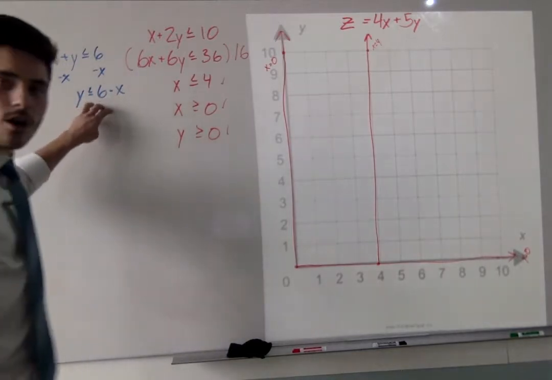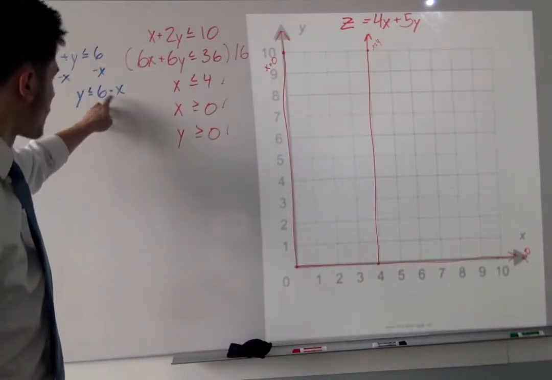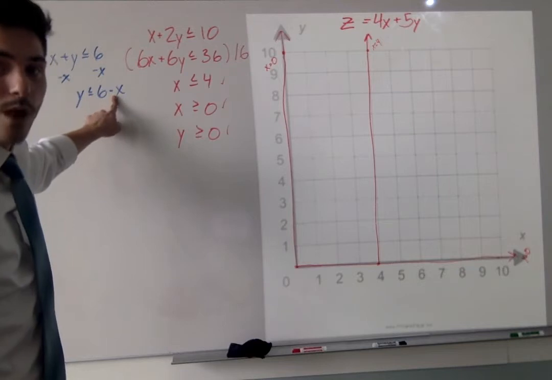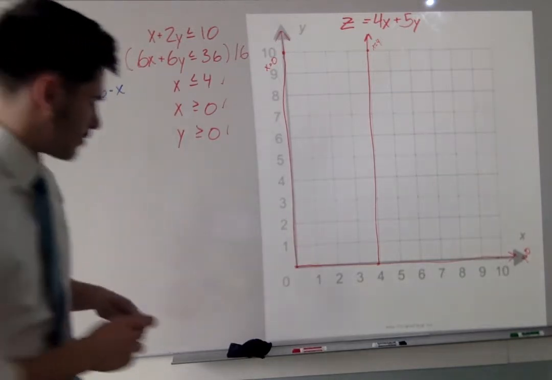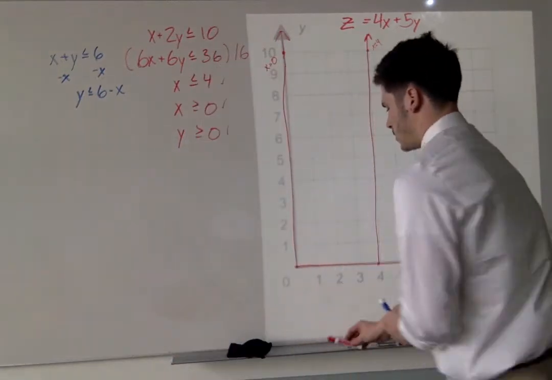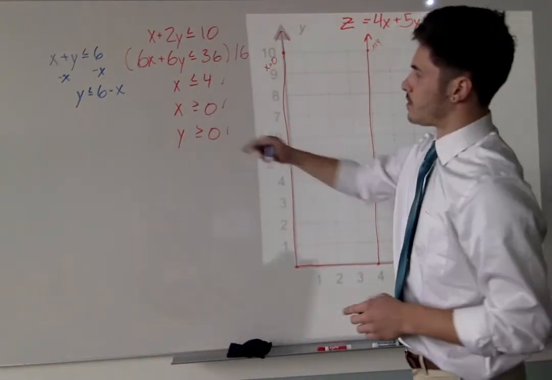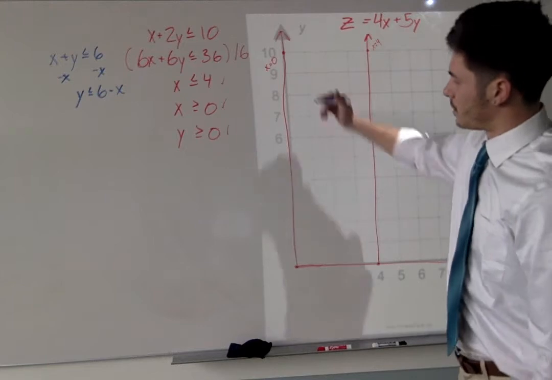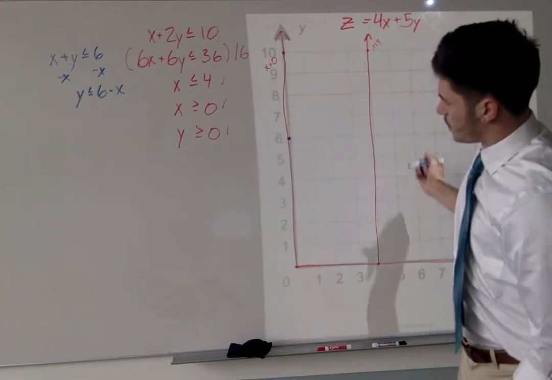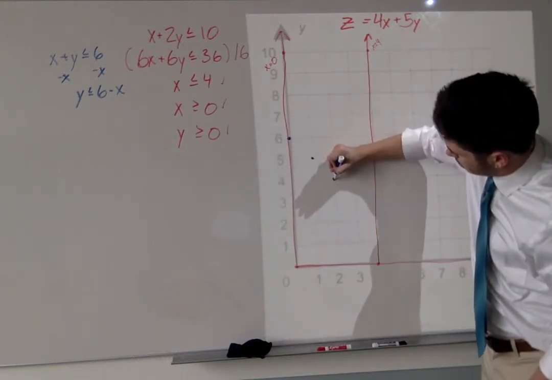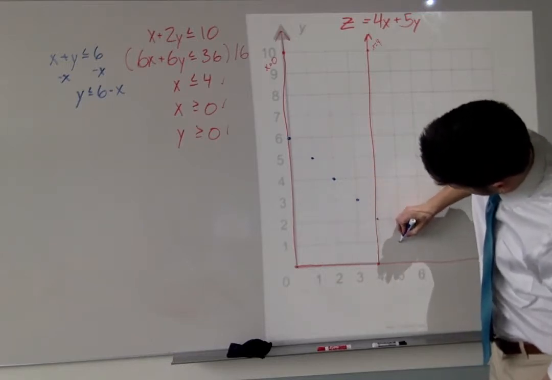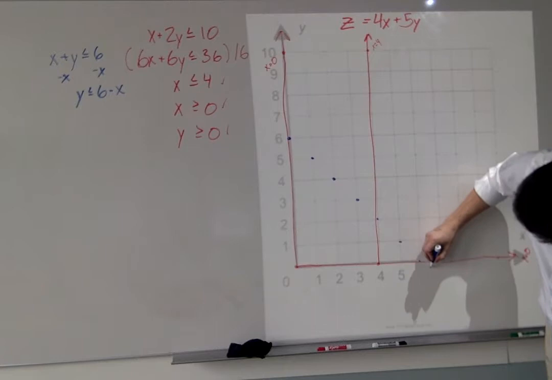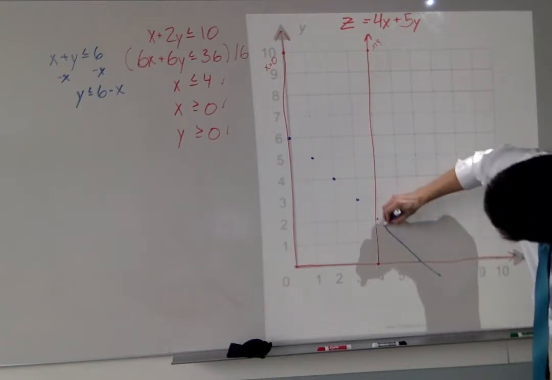The line that we draw here is going to have a slope of -1 and a y-intercept of 6, and that's something we can draw right over here. So we're going to have a slope of -1 starting at 6. For each unit, we go down and over to the right. And so here is what our line will look like.